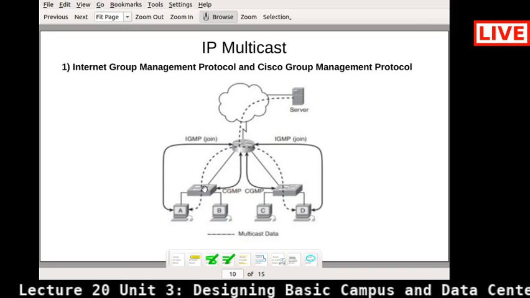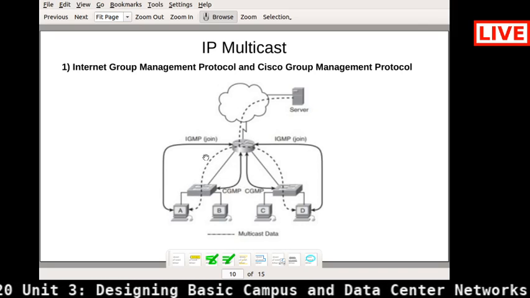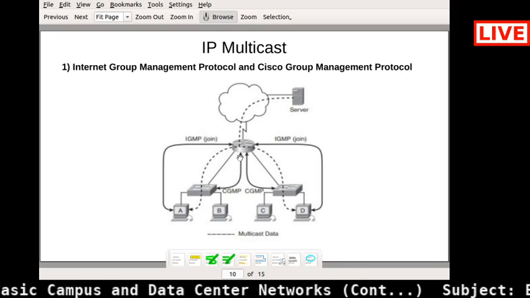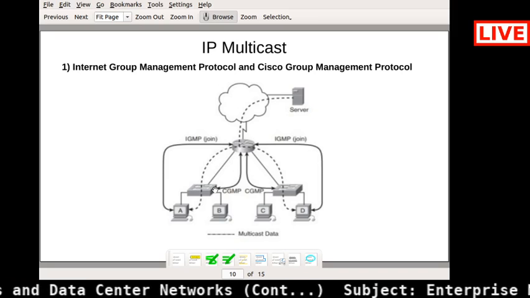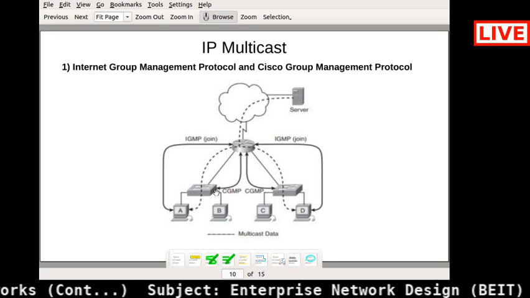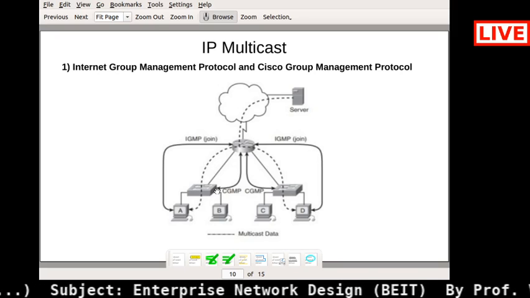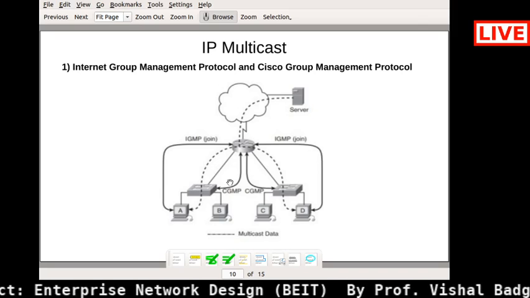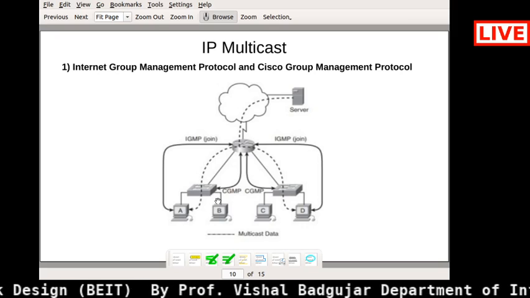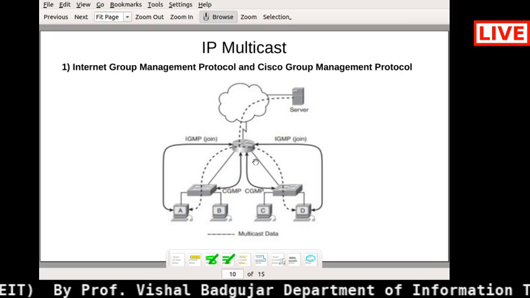So these layer 2 switches can flood multicast frames to all the ports. That is the aim of these switches: to broadcast each and every frame to all the ports. That means the multicast traffic received by the switch will be sent out of all the ports.